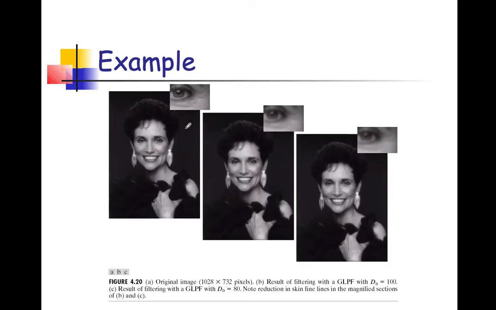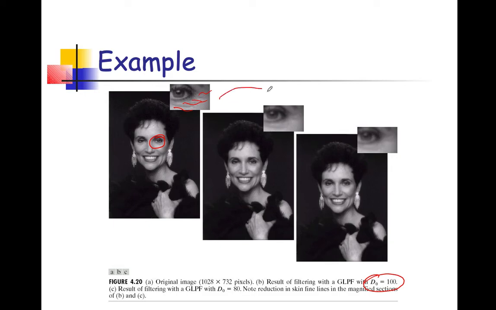Here is another example. This is the original image of 1028 by 3222 pixels, considering D naught equal to 100. This is the outcome. We are concentrating on a region of interest, the eye of a lady, where there are uneven patterns.